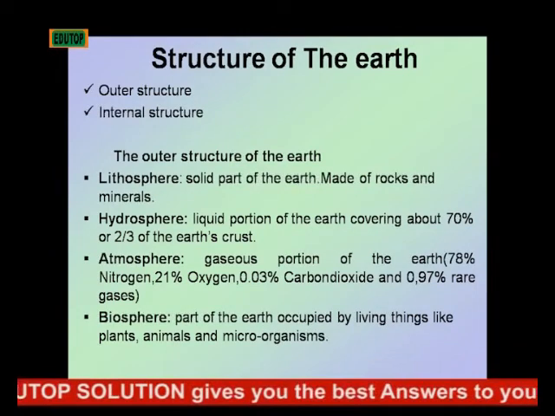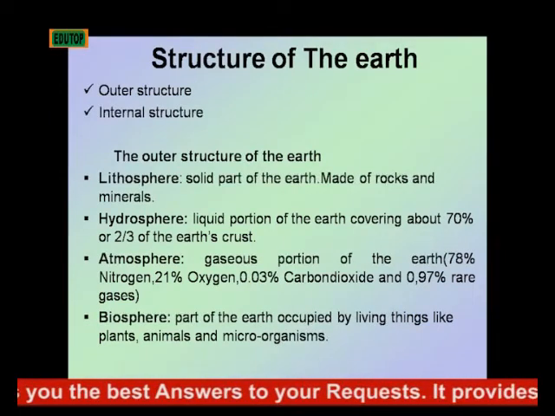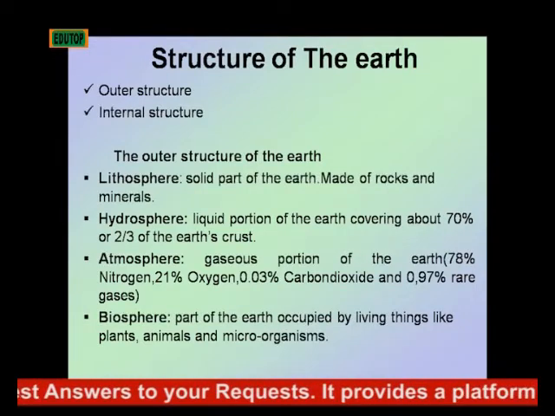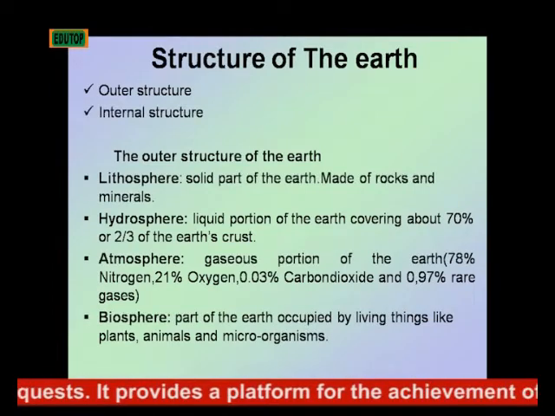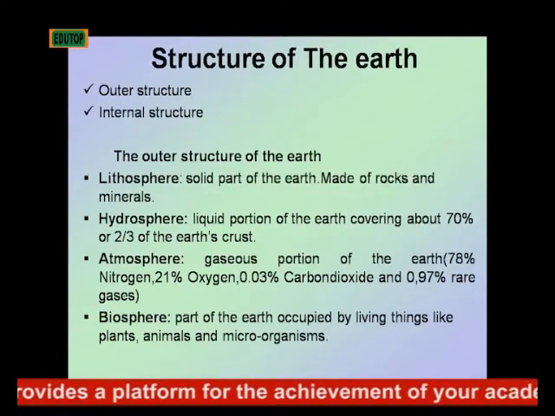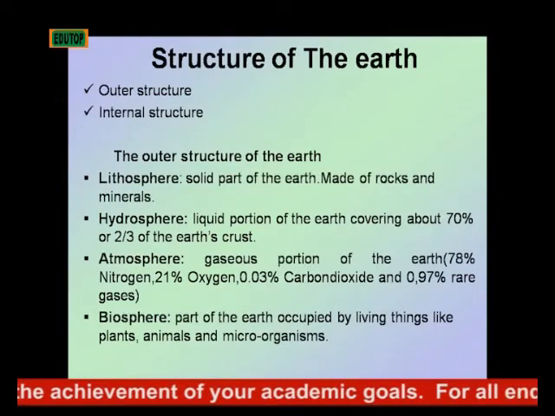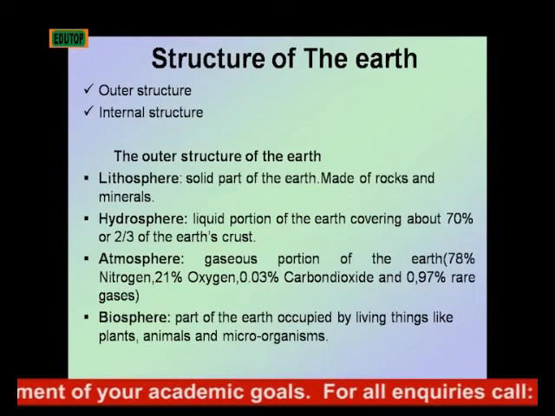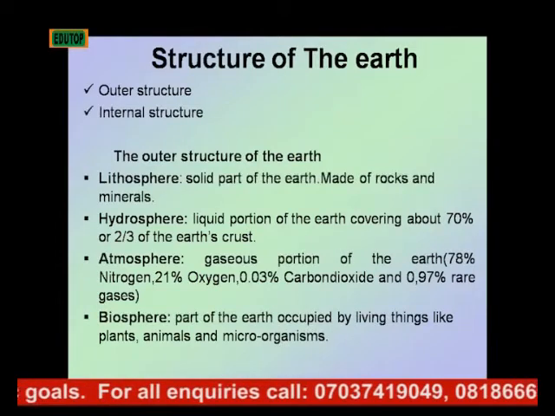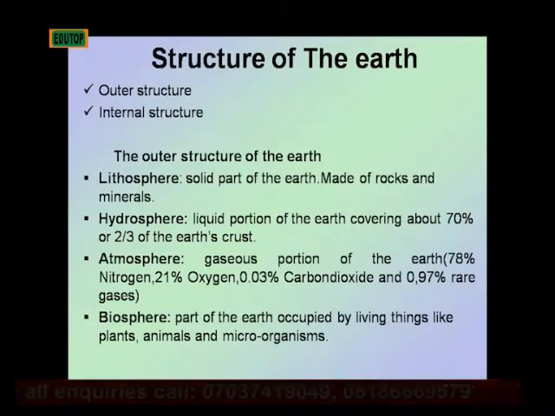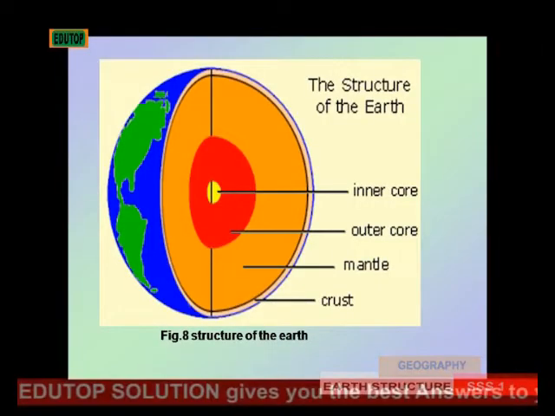Gases like nitrogen, which is about 78%, oxygen, about 21%, carbon dioxide, about 0.03%, and other rare gases make up the atmosphere. The biosphere is the part of the earth occupied by living organisms like plants, animals, and microorganisms.